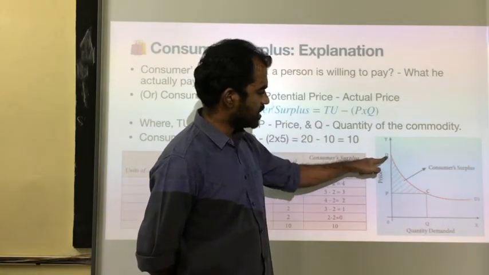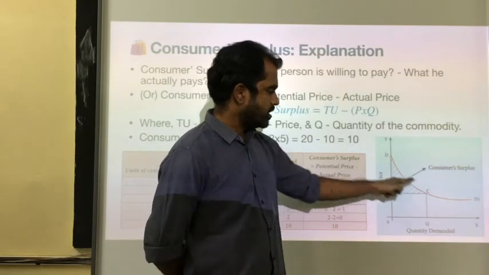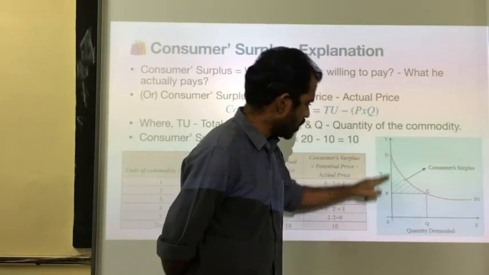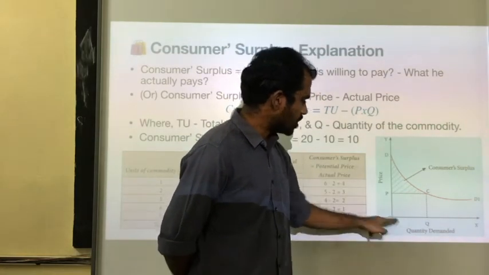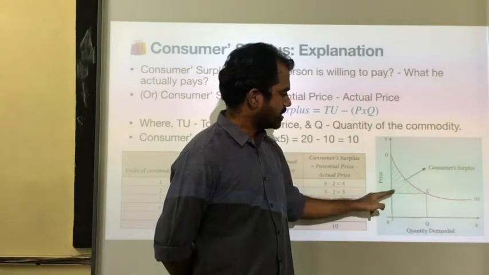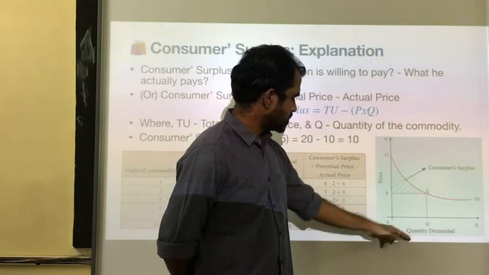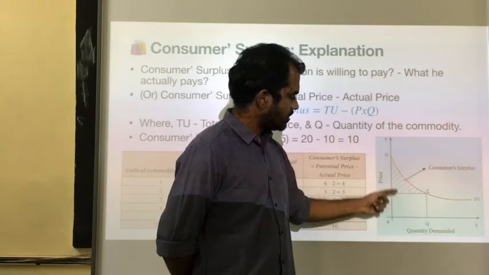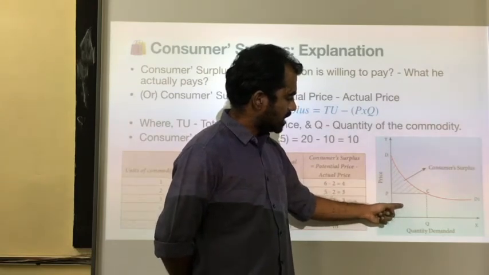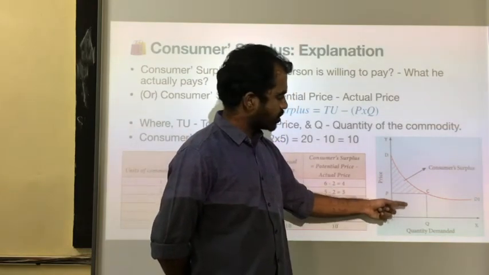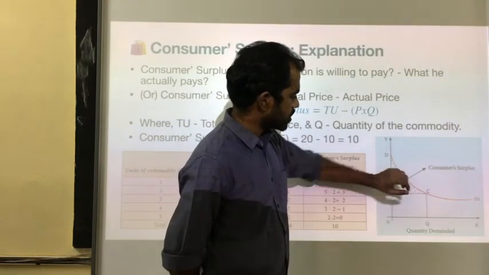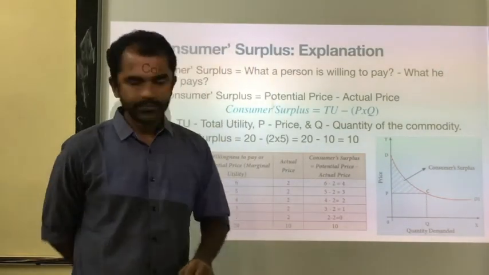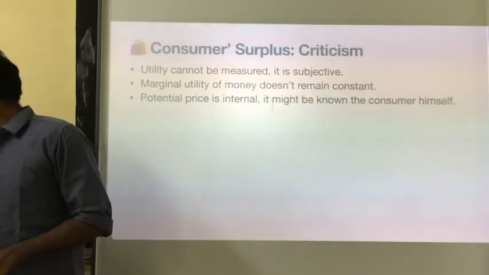That is, a consumer is ready to pay the price of OD for the same quantity. So, the total area of this whole place gives you the potential price into the same quantity. And if you deduct the original price value, that is original price into commodity, we get what is known as consumer's surplus, which is shown by this area.